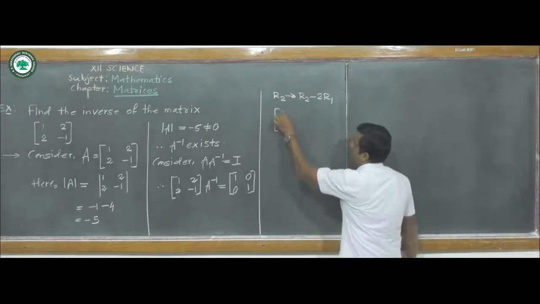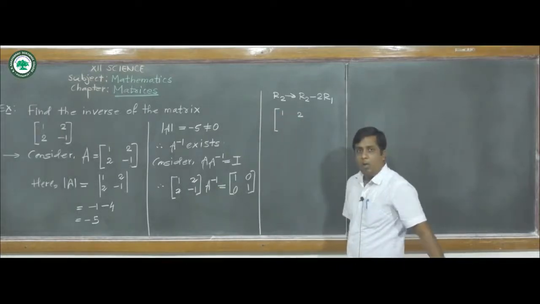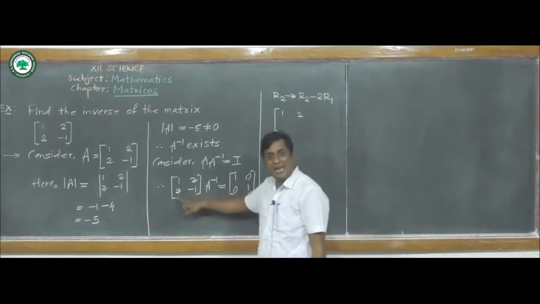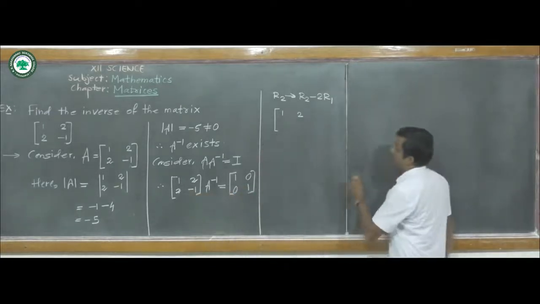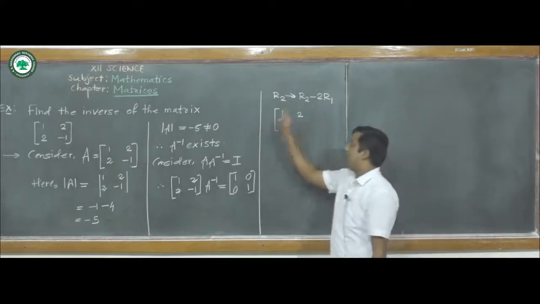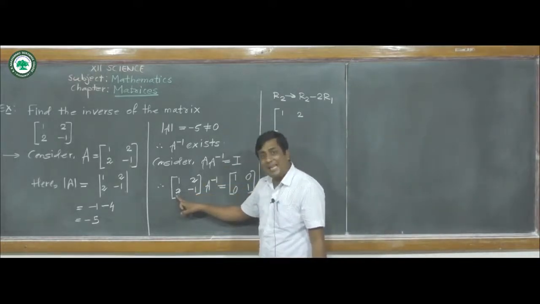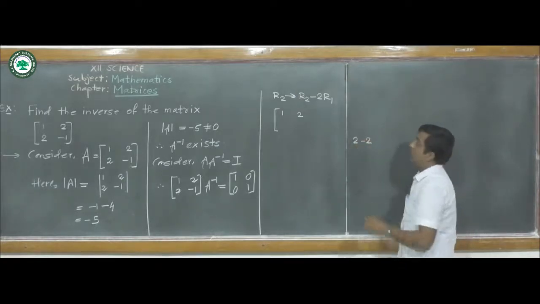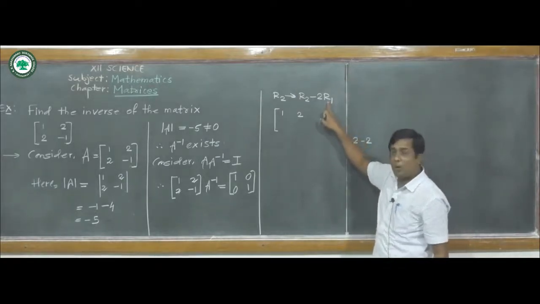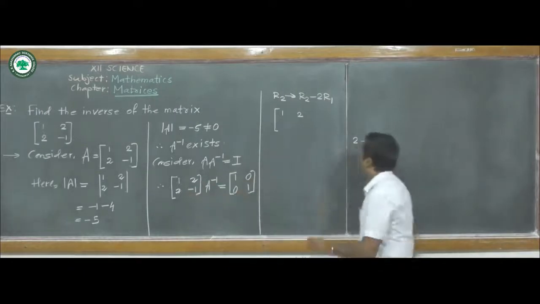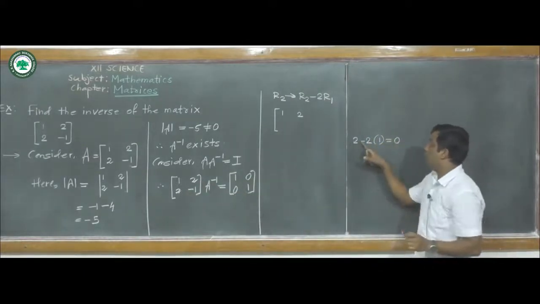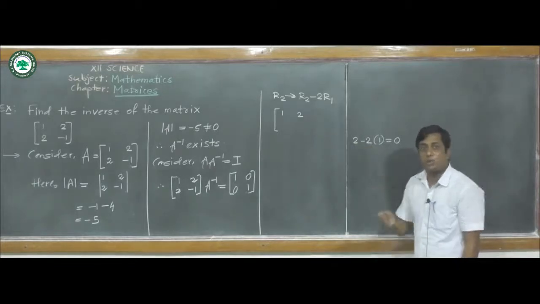So in the first row we have 1, 2. Then in the second row, here change is in second row. Remember, first element from the row second is 2, then minus 2, here first element from row first is 1. So we replace R1 by using 1 and we get 2 minus 2, and we know 2 minus 2 is 0.